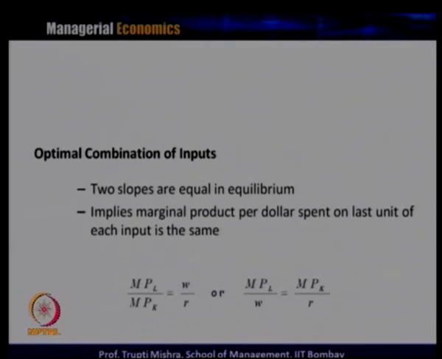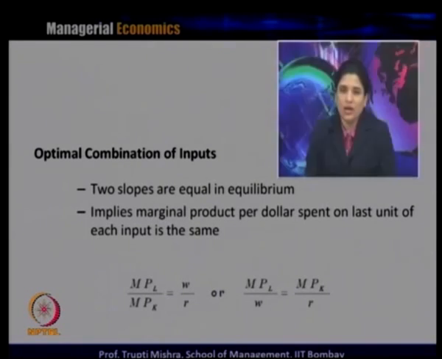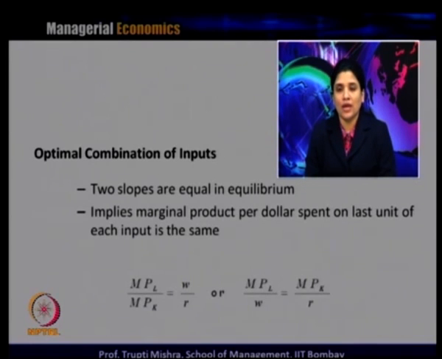So, the condition for the optimal combination of inputs is that the two slopes are equal in equilibrium, meaning the slope of the isocost and the slope of the isoquant are equal, which implies the marginal product per dollar spent on the last unit of each input is the same. What is the slope of the isoquant? That is the ratio of the marginal product of labor and the marginal product of capital.